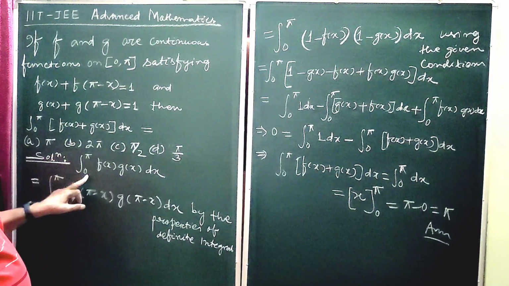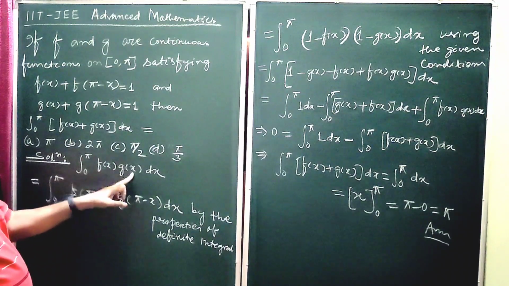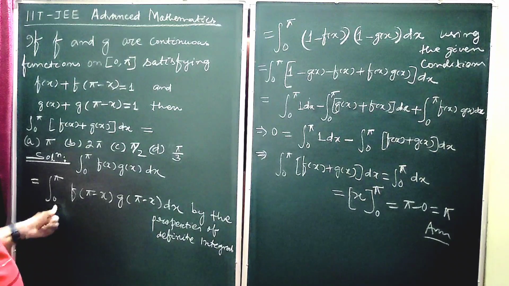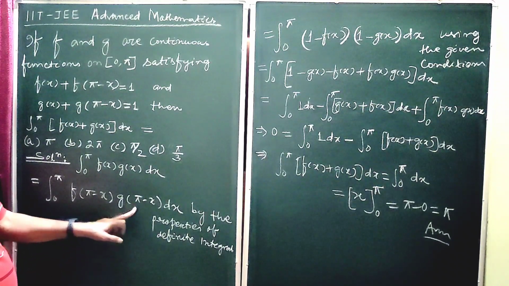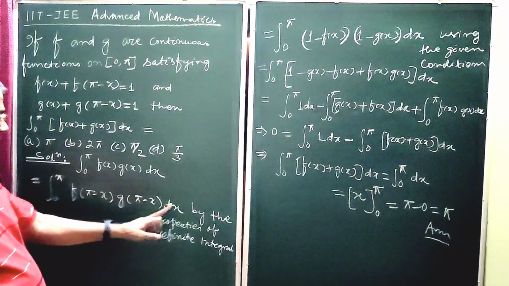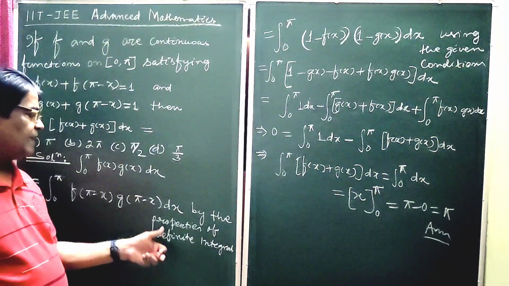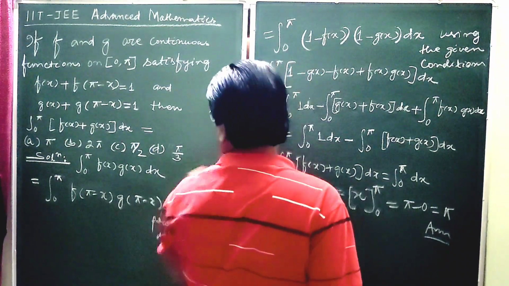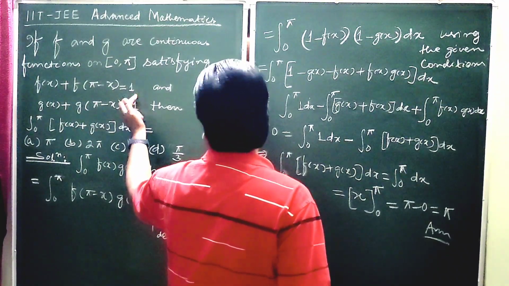So we have started with the integration from 0 to pi of f x g x dx. This is equal to the integration from 0 to pi of f of pi minus x into g of pi minus x dx, by the properties of definite integral. Now f of pi minus x is 1 minus f x.